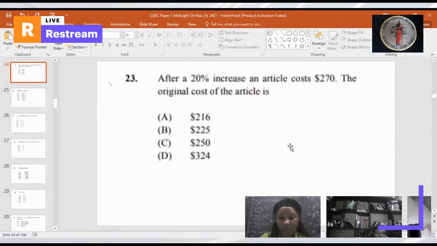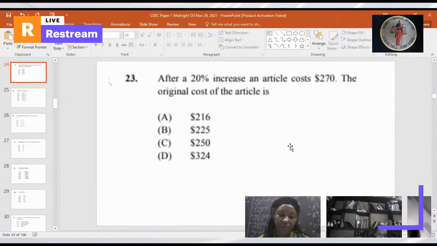This price includes the 20% increase, right? After the 20% increase, this is the cost of the article. So now they want the original cost of the article. Let's see what we do for this.